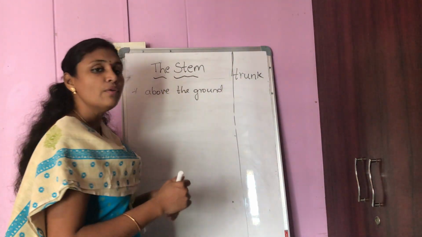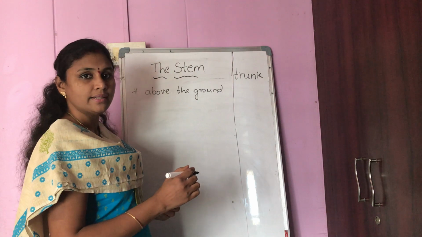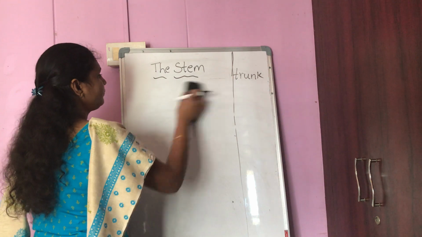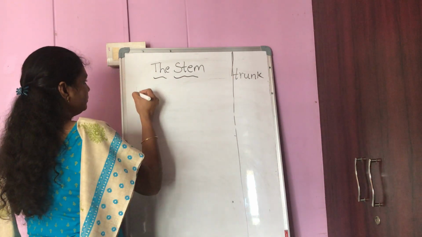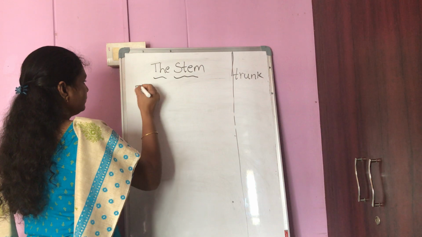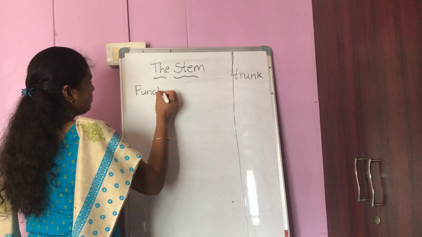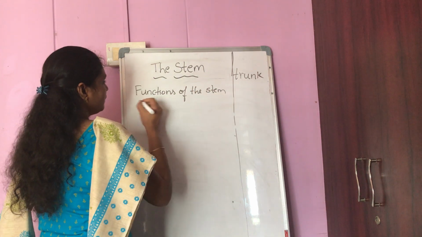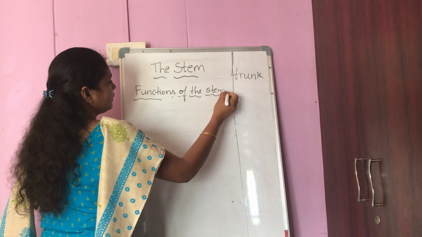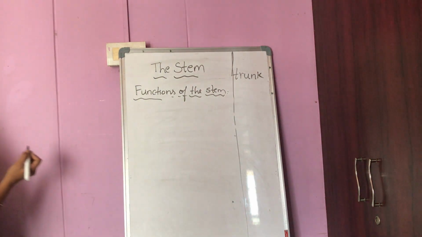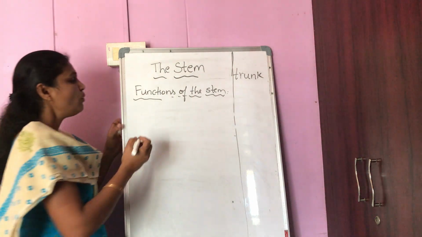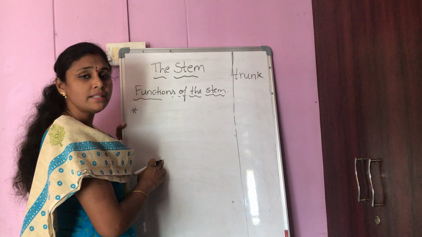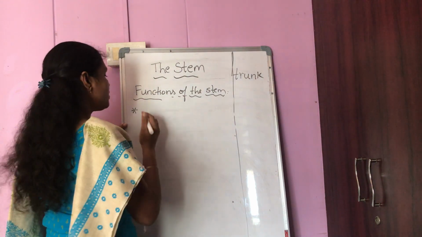Now we'll be learning about the functions of the stem. What is the first function of the stem? It helps the plant to stand in upright position.